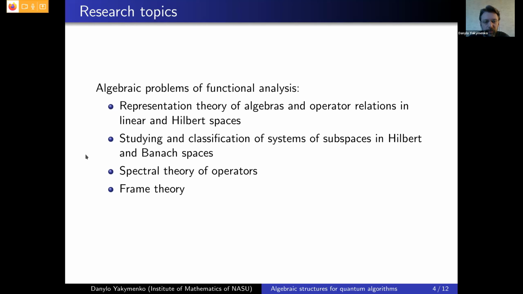There is also research connected to the spectral theory of operators in Hilbert spaces, and research that can be classified as frame theory. I will touch on this further.